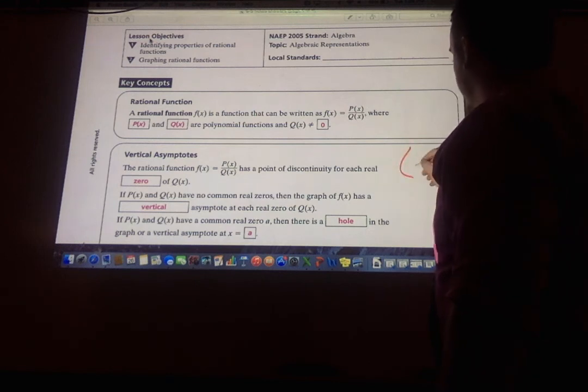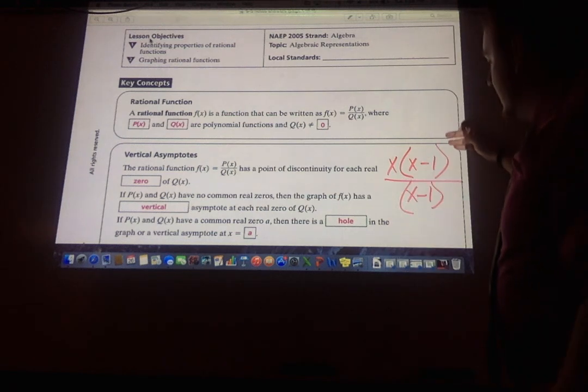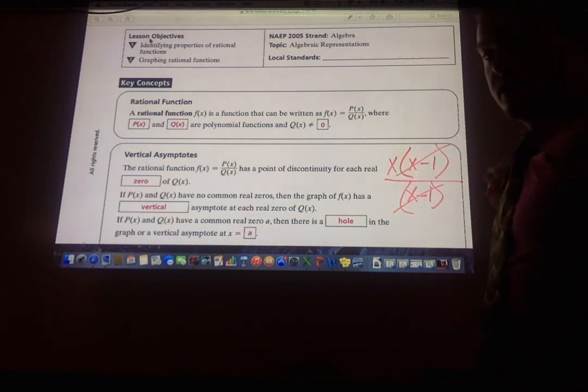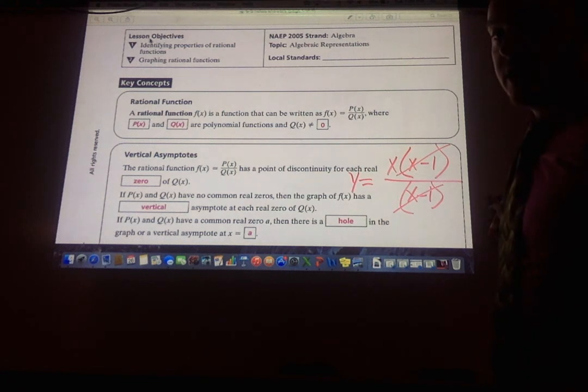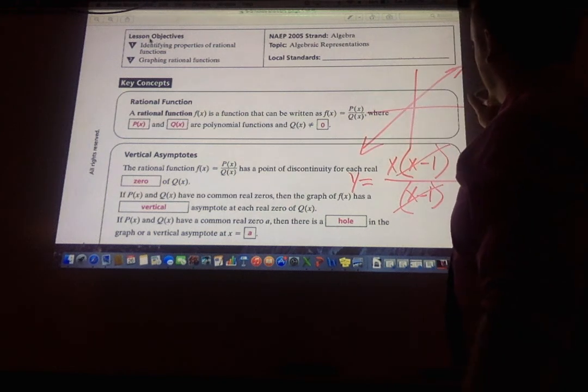So a good example of this is if you have something like this. x minus 1 over x minus 1. All right, when we do this, x minus 1 and x minus 1 will cancel, typically, right? So if those cancel, we're just left with y equals x. Y equals x looks like this. That's a nice and easy graph to draw, okay?